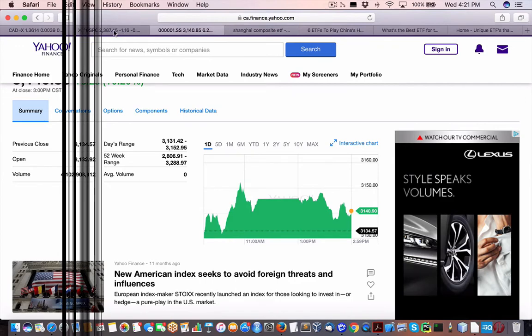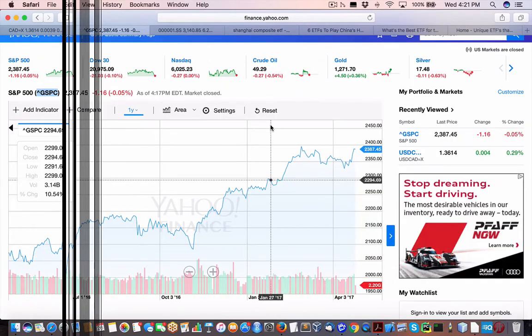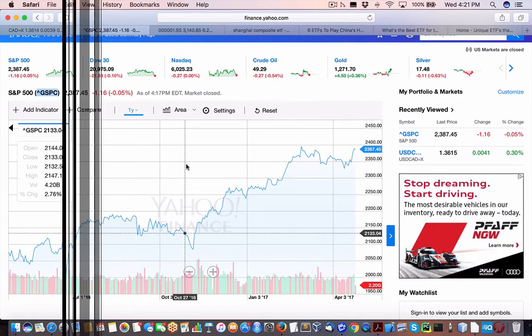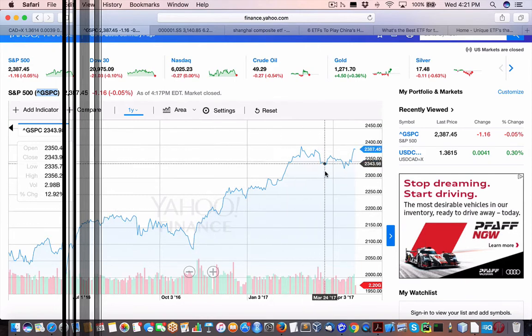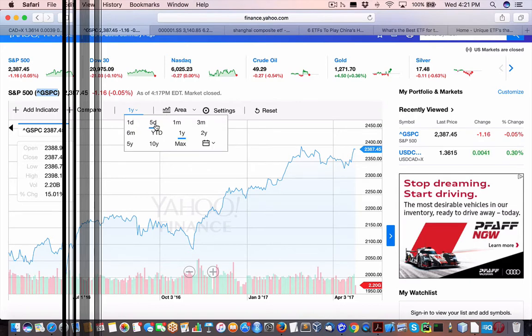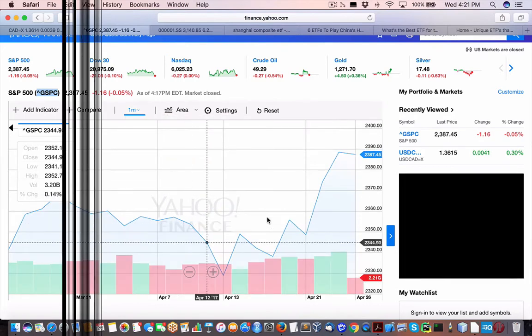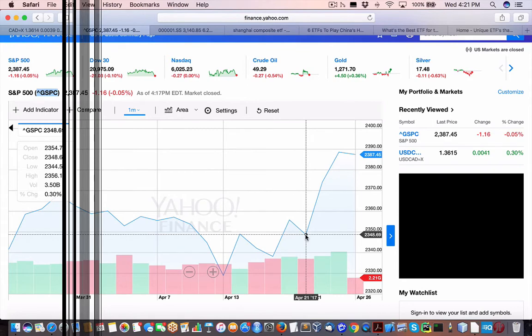So maybe there's some competition. But the interesting thing here is we know about arbitrage. Here's the general trend over the last few days. So that would be, let's say, 1 month. It's been a little bit of a rise since April 21st.